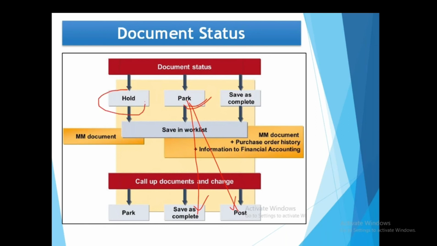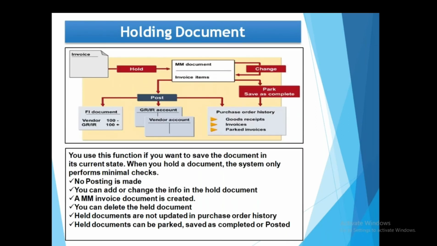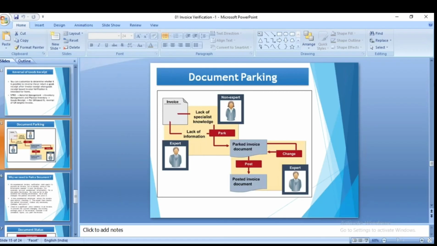So these are the document statuses. We will see one by one. First we will see holding an invoice document. They receive an invoice document, they will enter the data in the system, and then they will hold it for some time.